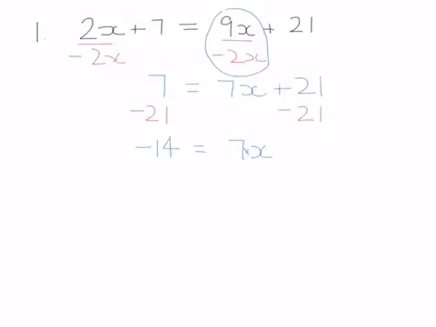This is really 7 times x. The opposite of timesing by 7 is dividing by 7. Do that to both sides. Minus 14 divided by 7 is negative 2. The 7's cancel, and I'm left with x. So writing it the normal way, x equals minus 2 is the solution to that equation.